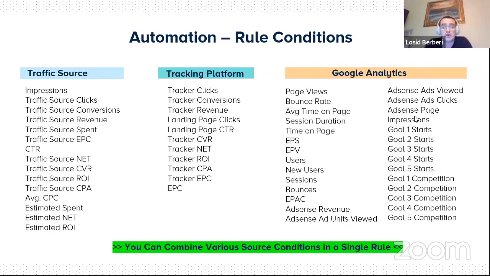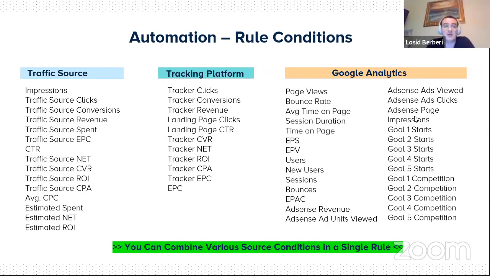So from the traffic source, on almost all traffic sources, we pull the number of impressions on campaign, ad, or widget level. We pull the number of clicks happening on the ad level on the traffic source. We pull the number of conversions in case you are reporting them back on the traffic source, revenue, spent, earnings per click in case you're posting the revenue.